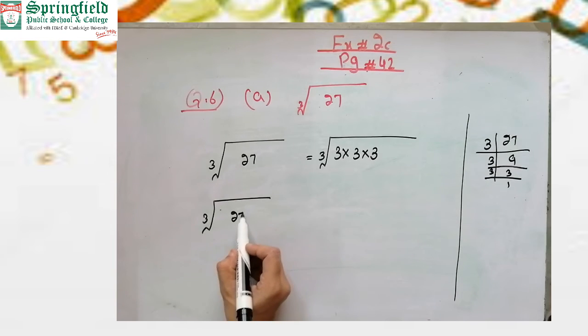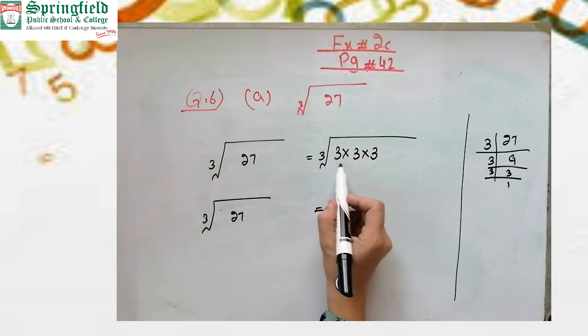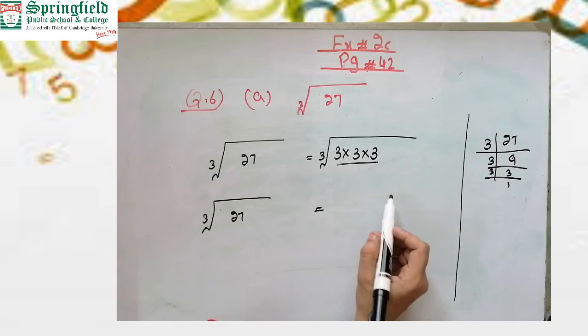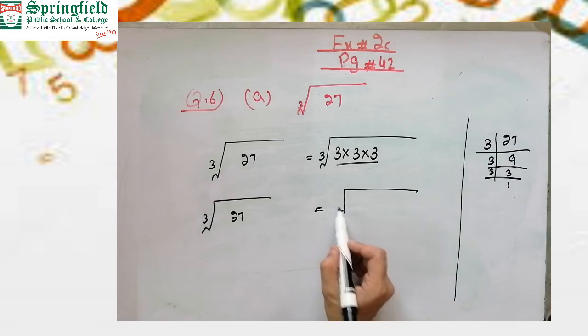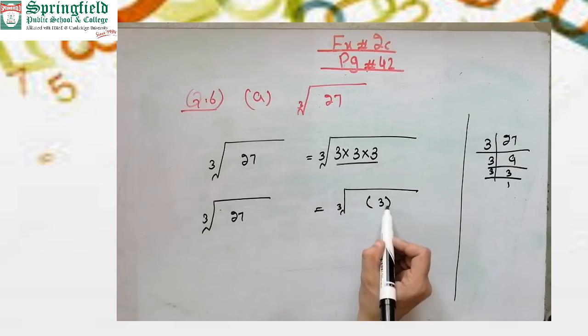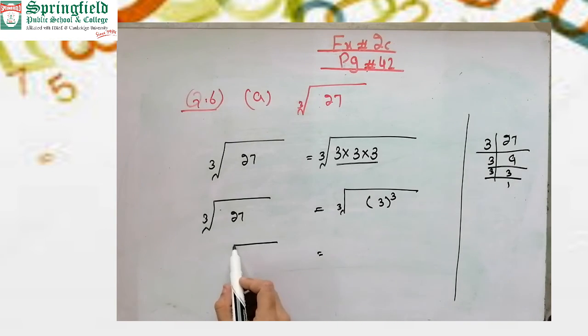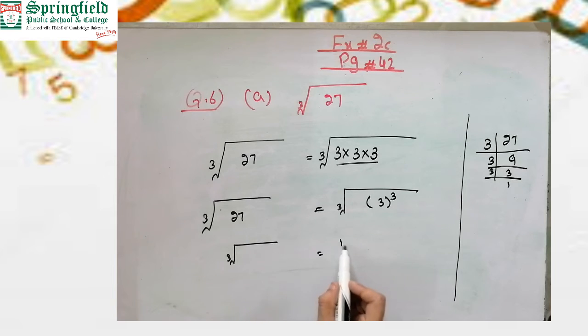The cube root of 27 is equal to, no, we will make the cubes because we are solving the cube root. Okay, now make the cubes of factor. Now as we know that the value of cube root is 1 by 3.